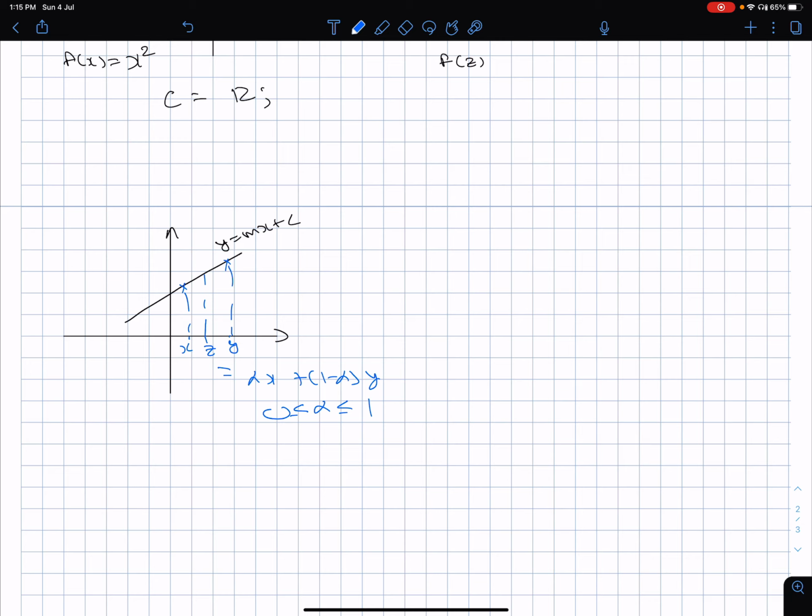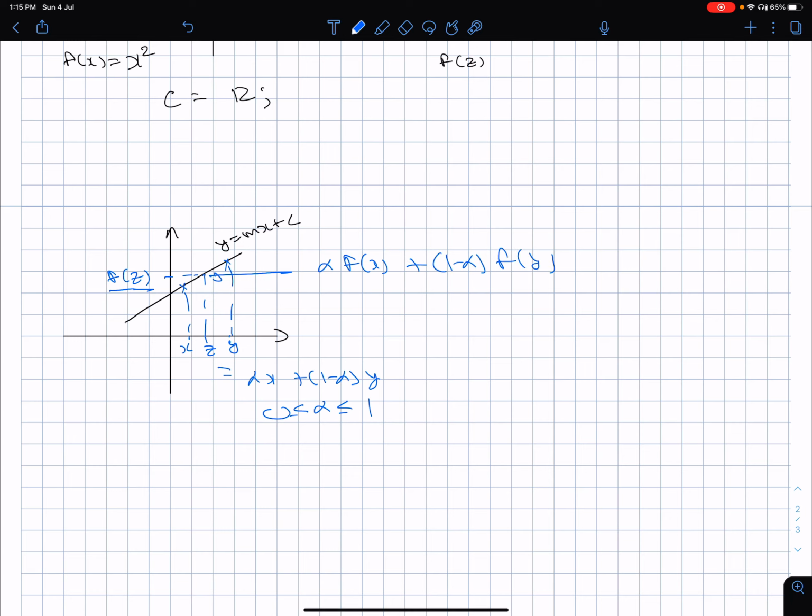If you look at the actual value, this is f of z, and if you look at the linearly interpolated value, it is also the same.